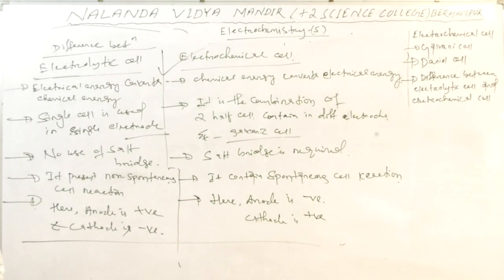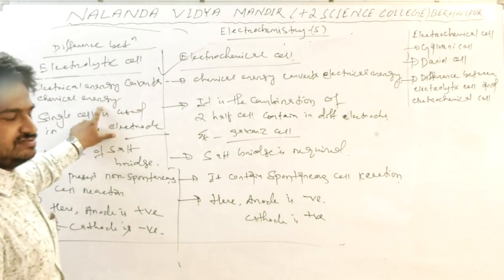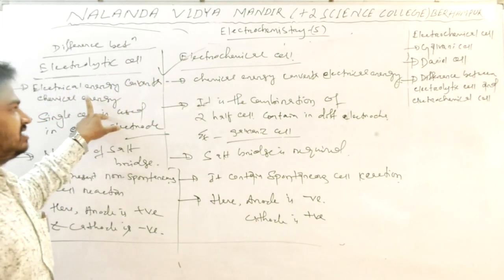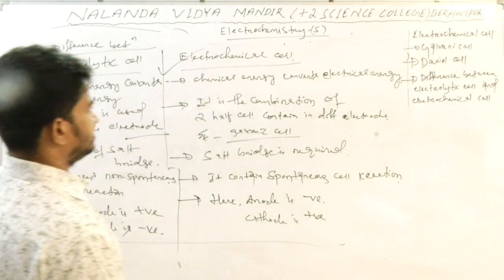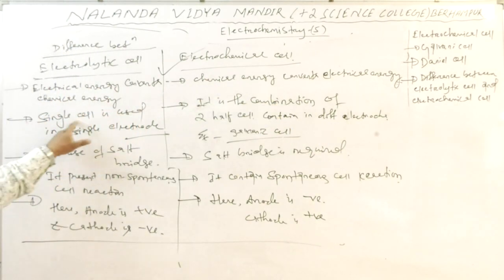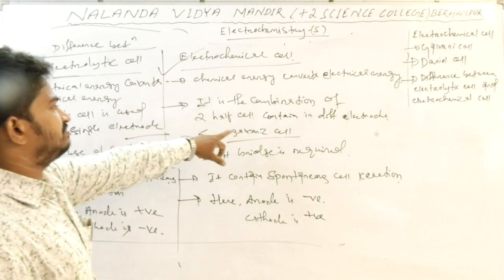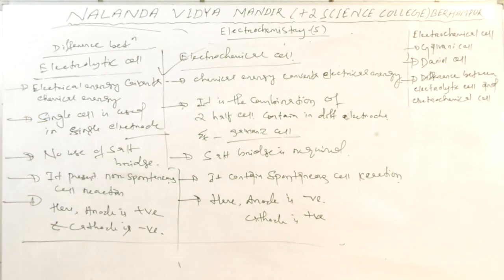Once again I am going to make you remember a few points. In the electrolytic cell, electrical energy converts to chemical energy. In the electrochemical cell, chemical energy converts into electrical energy. In the electrolytic cell a single cell with a single electrode is used. The electrochemical cell is a combination of two half cells containing different electrodes.